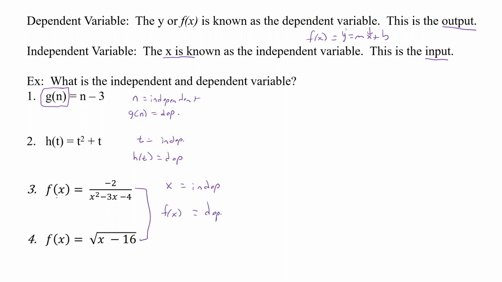So they both have the same labels, but they have totally different values for what the function is equal to. But the overall dependent variable is f of x, and the x is going to be our independent variable, which is our input.